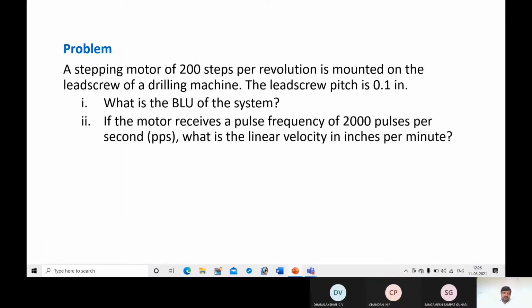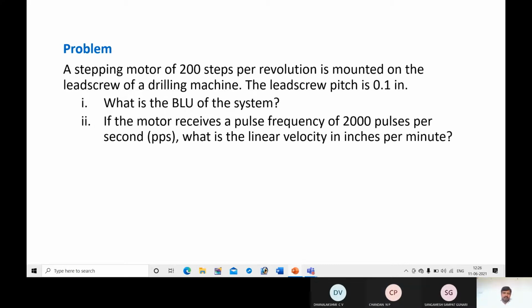What is the value of basic length unit? Yesterday we considered one more relation. One basic length unit will be approximately equal to one pulse, and that will be approximately equal to 1 bit.